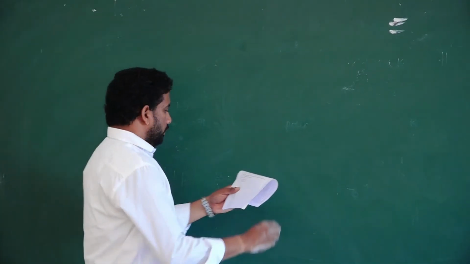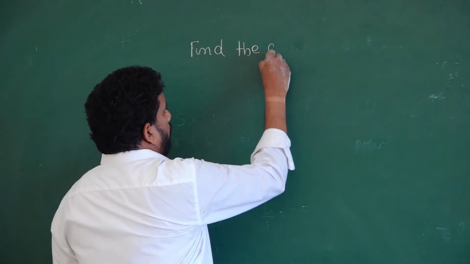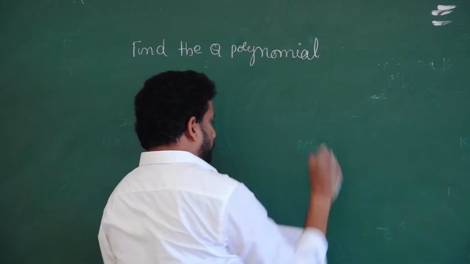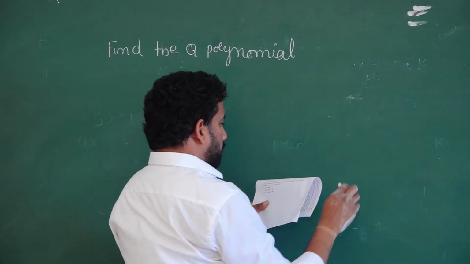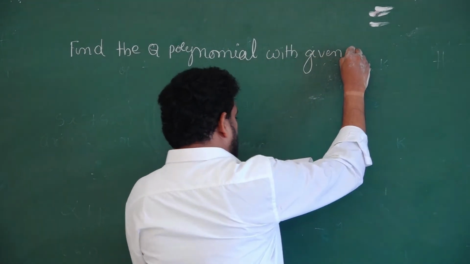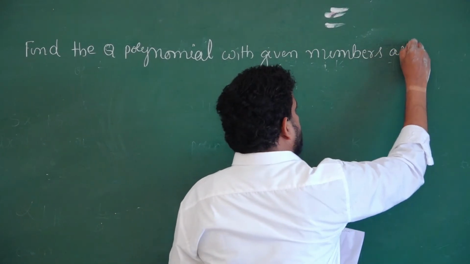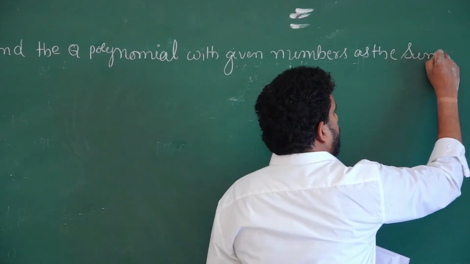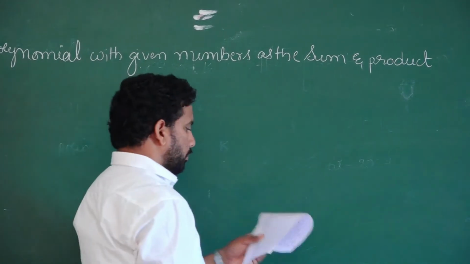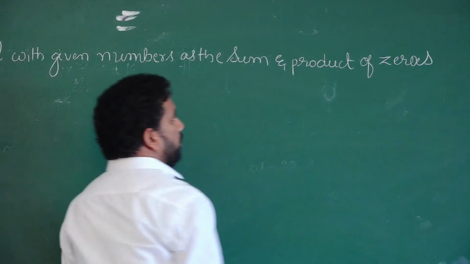Okay, so here the question is: find the quadratic polynomial with the given numbers as the sum and product of zeros.